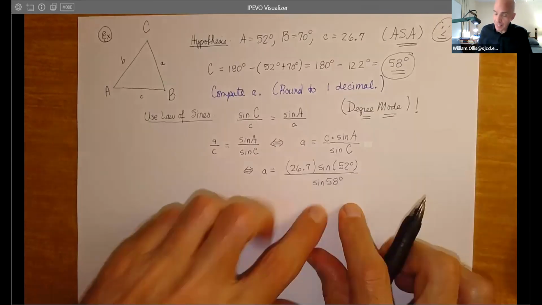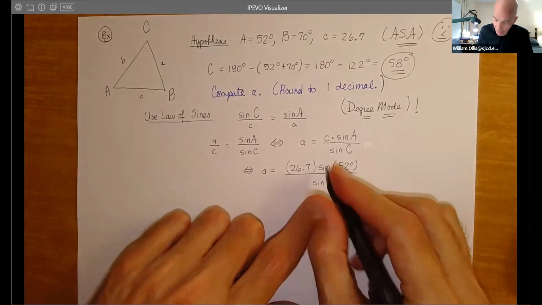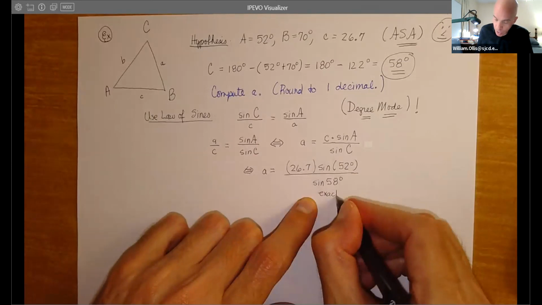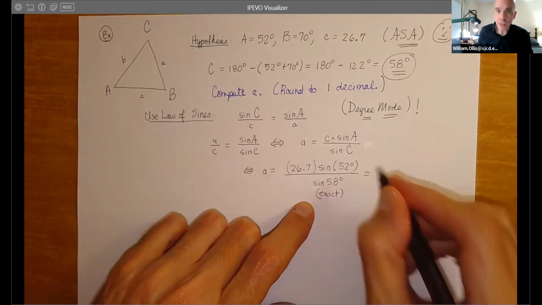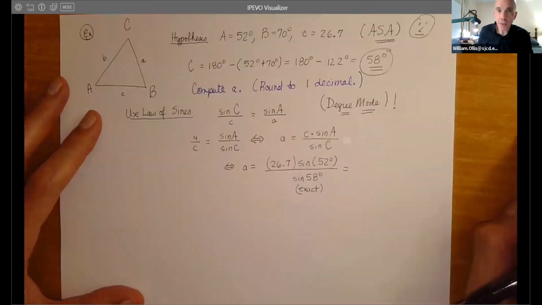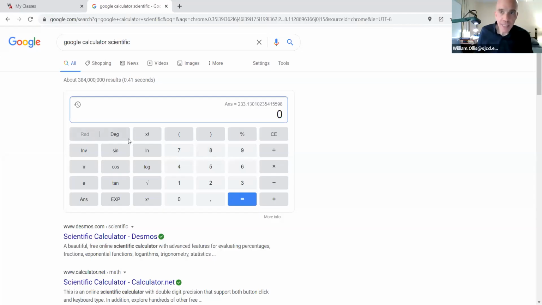And this is exact. This is exact. But now, of course, our client would like an approximation, so we can go to our Google calculator. And so again, DEG for degree mode. So we'll have parentheses. We don't need it, but it's good to over parenthesize when you're doing this, so you're sure.